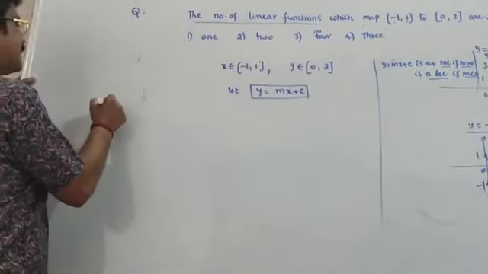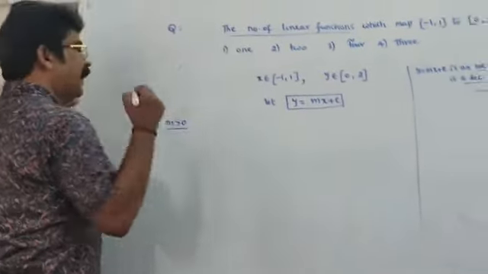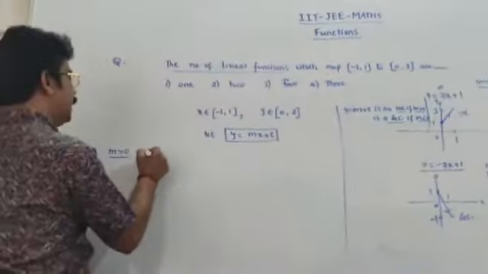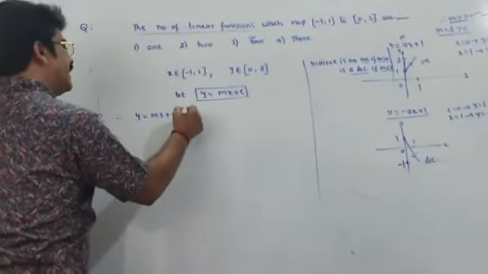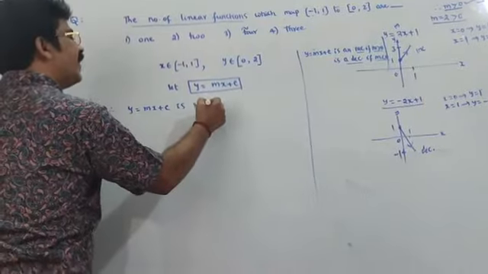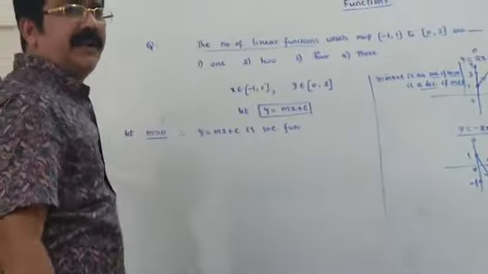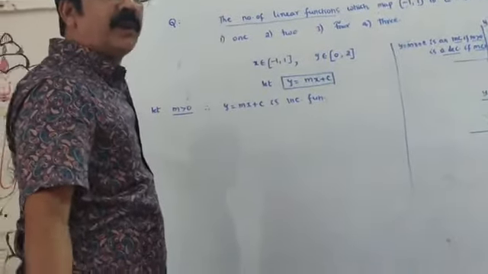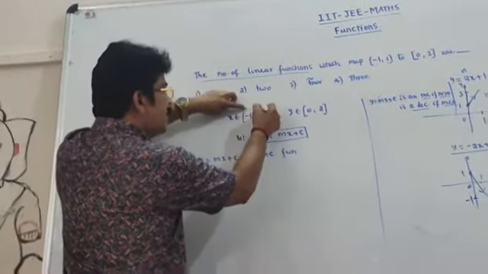So therefore, first case, let m be positive. Therefore y = mx + c is an increasing function. You can ask me, sir, if it is an increasing function, how can we find m, c? Actually, these values are given.